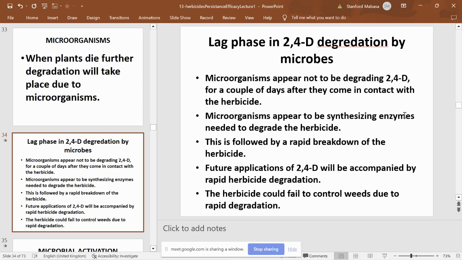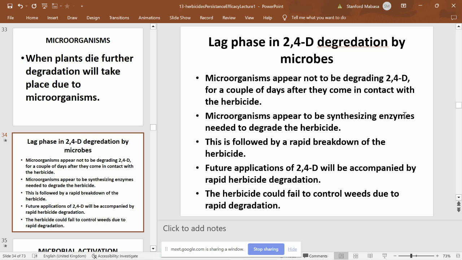For instance, they could lack cytochrome P450. Then they have to acquire these enzymes in the next generations. Then when you apply 2,4-D, most of the populations of microbes will be carrying a cytochrome P450, and in phase 1, they will start to degrade this herbicide.